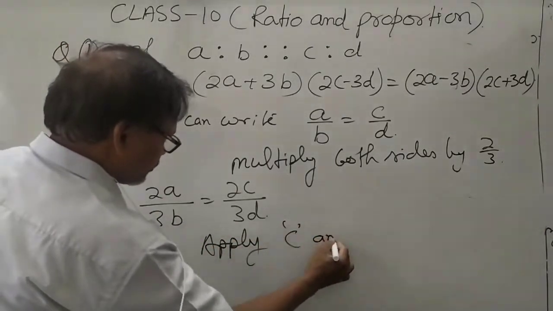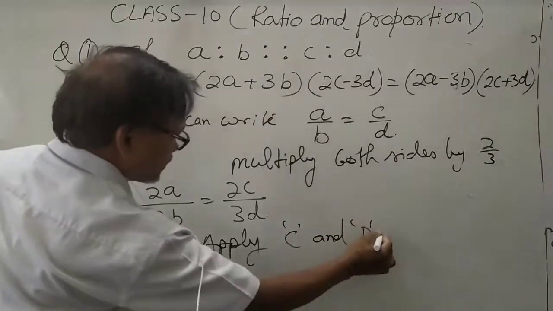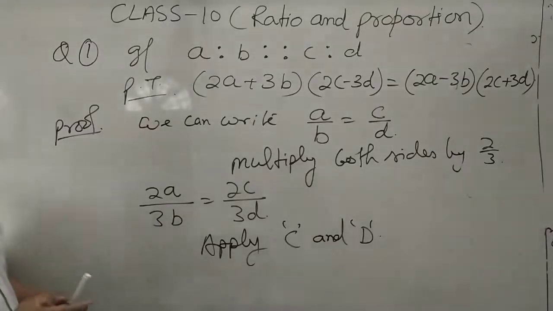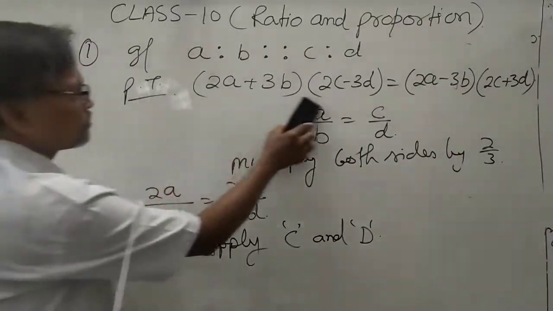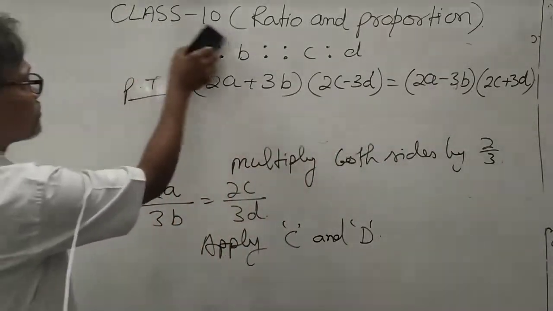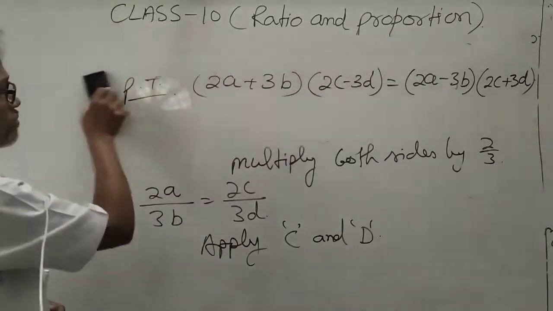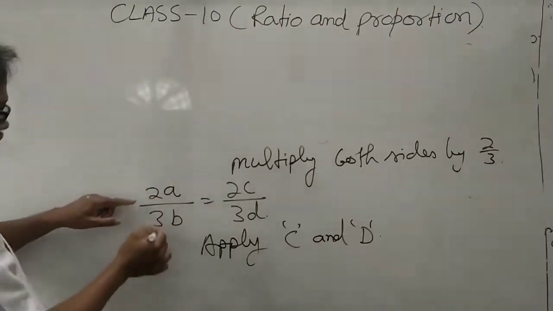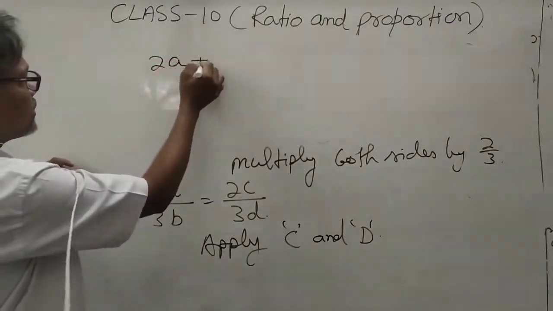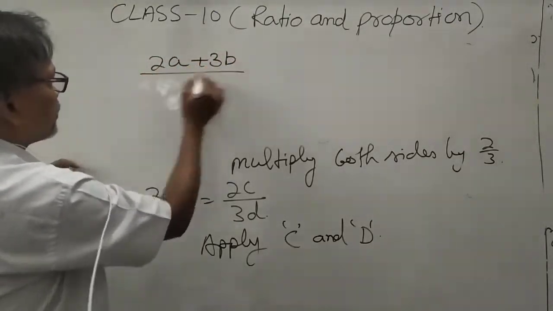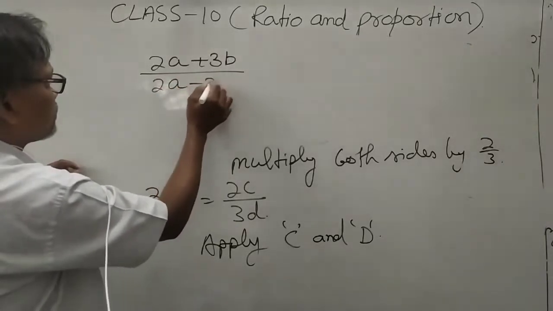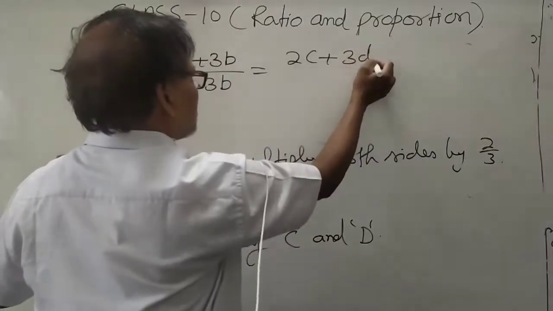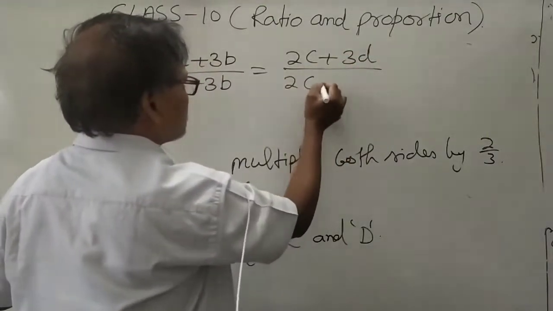So you apply this componendo and dividendo. When you apply, what you will get? 2a plus 3b upon 2a minus 3b equals 2c plus 3d upon 2c minus 3d.